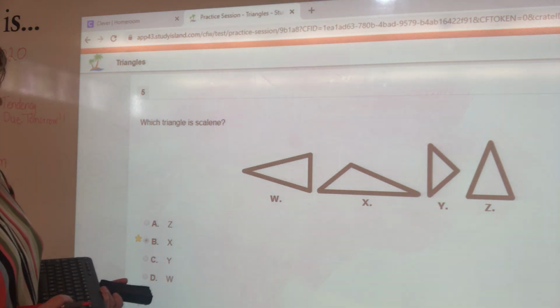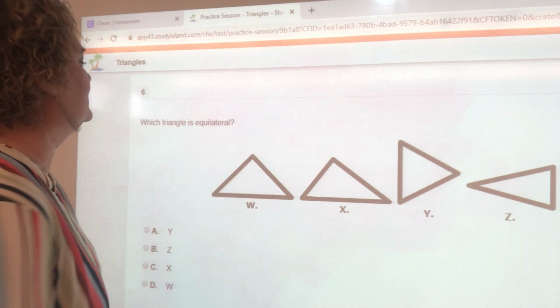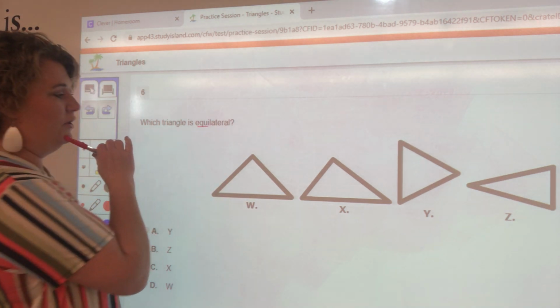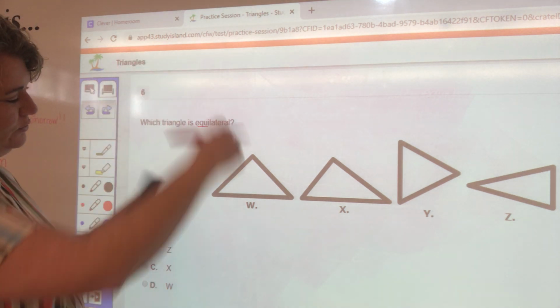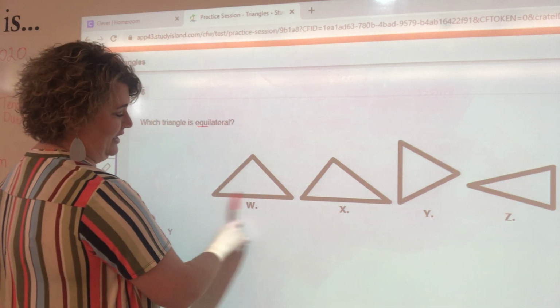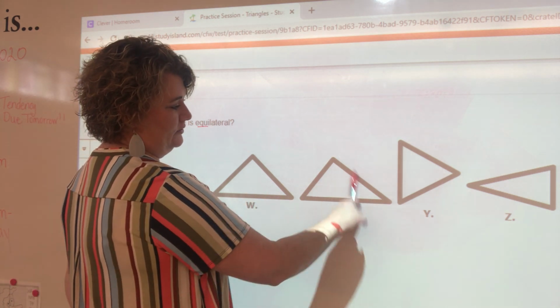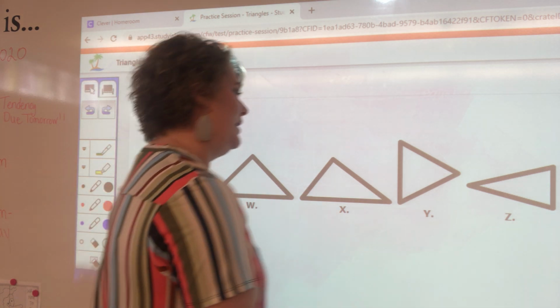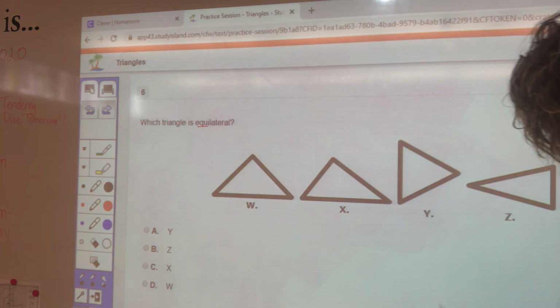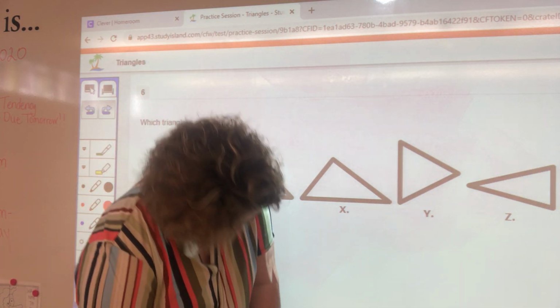Okay, now it's the next question. Which triangle is equilateral? Well, this time, all three sides are the same. So if you picked up your laptop and turned it, I can already tell you that side's longer than those sides. But look at Y. If you picked him up and looked at him this way, he looks the same as if you look at him this way, or that way.